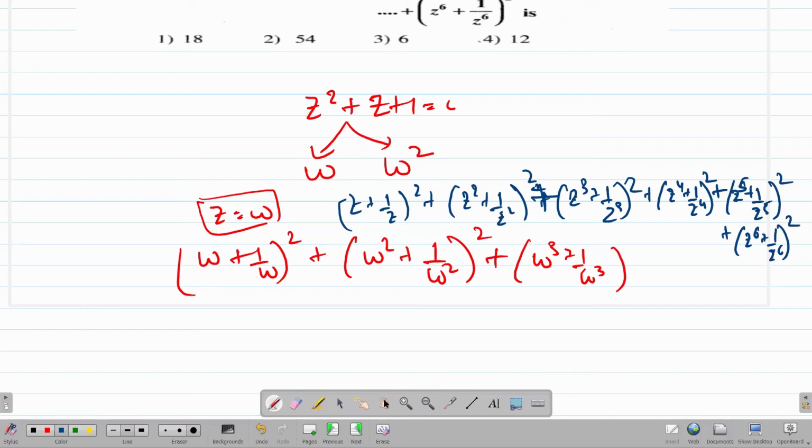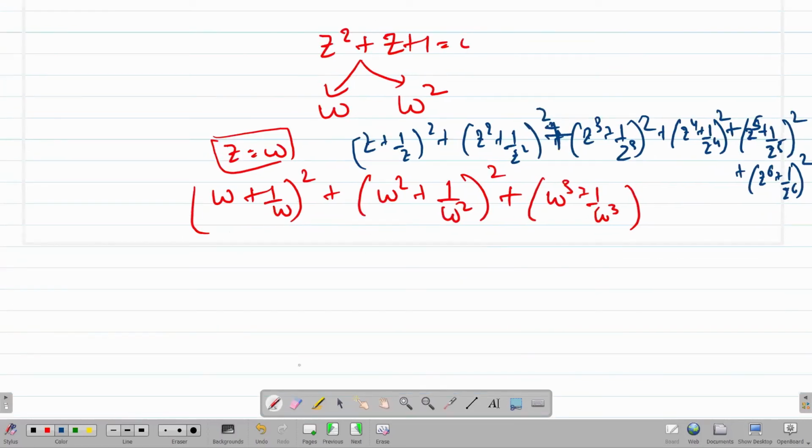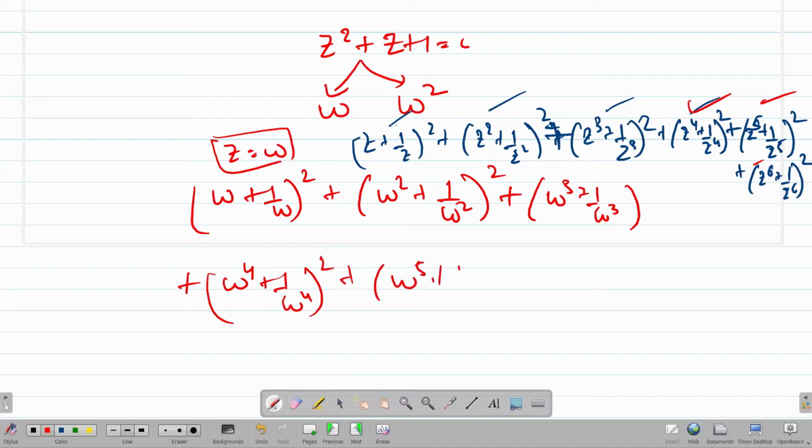Now I just substituted omega here, here and here. Now I'm substituting values of z as omega in these 3 terms also. So from here I get omega 4 plus 1 by omega 4 whole square, omega 5 plus 1 by omega 5 whole square, omega 6 plus 1 by omega 6 whole square.